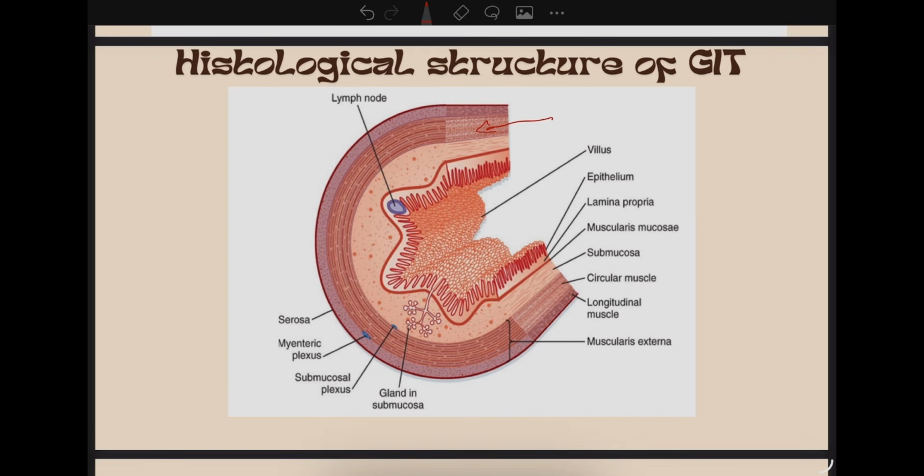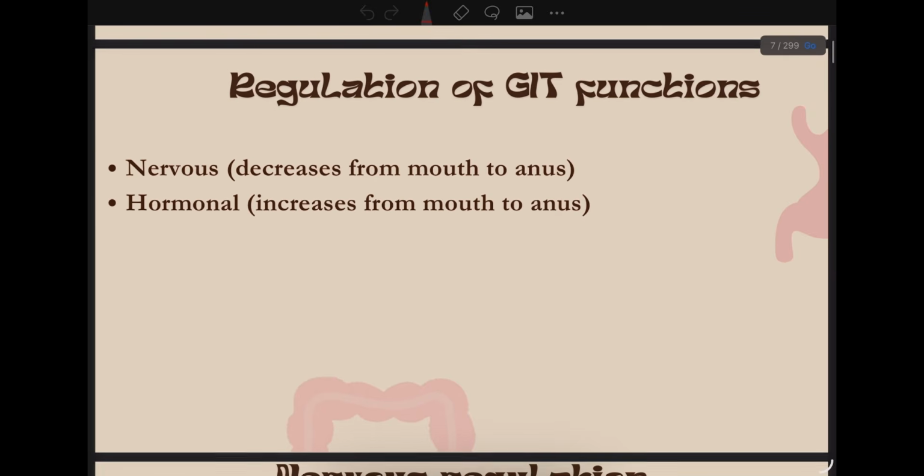In the stomach it's 3, but let histology tell you about that. This is not our concern now. We also have another layer of muscle, a thin layer found in the mucosa, called muscularis mucosa. From the name, it's in the mucosa and it's muscle, so it's muscularis mucosa. Just keep this in mind and we will talk more later.